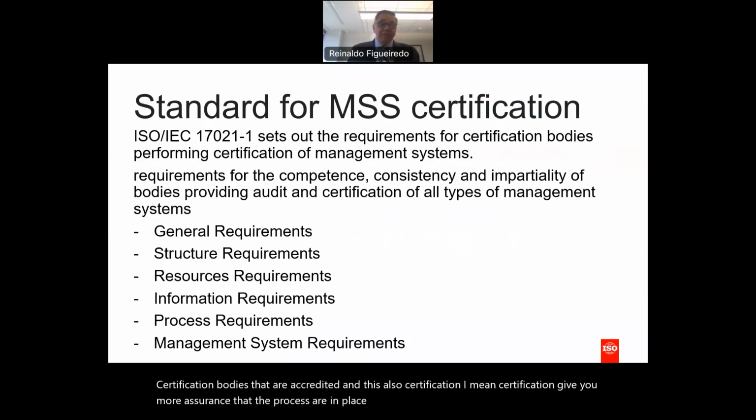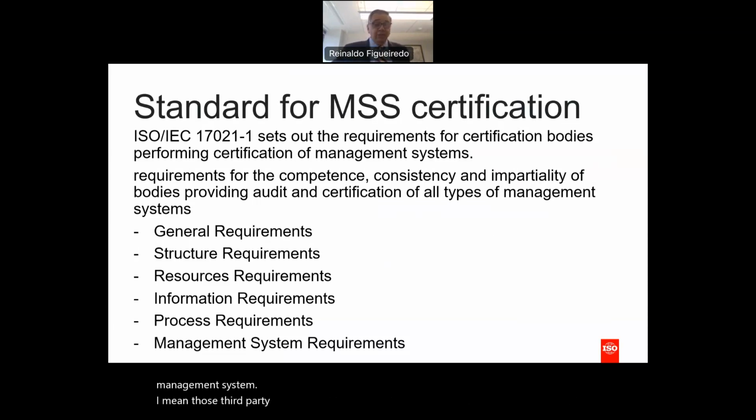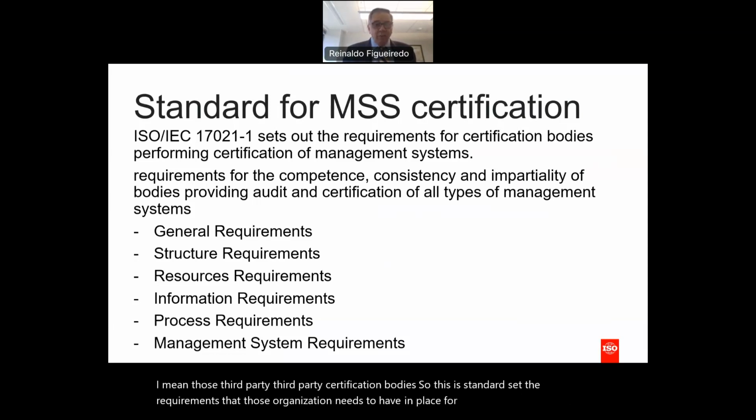So, ISO/IEC 17021 Part 1 is the standard that defines requirements for organizations that want to certify management systems, I mean, those third-party certification bodies. So this standard sets the requirements that those organizations need to have in place to be able to provide that service and also to be accredited.